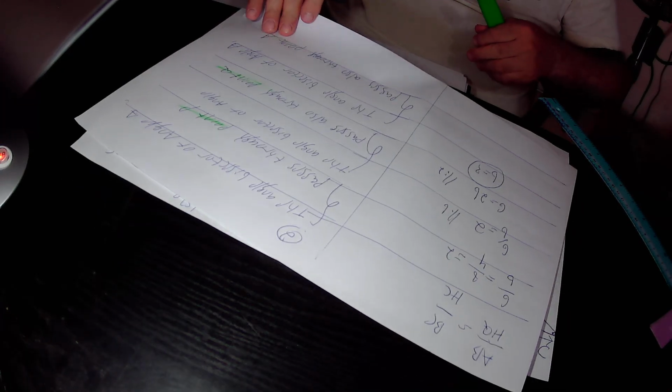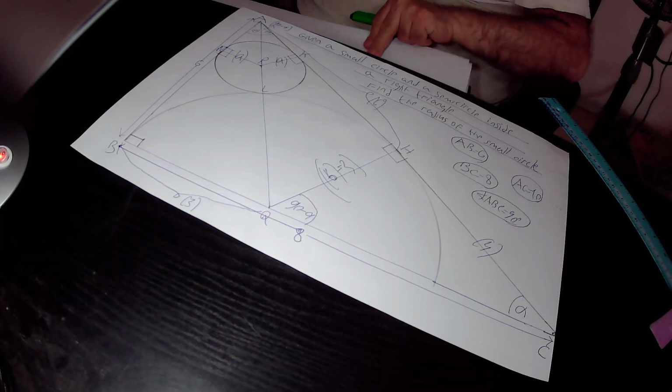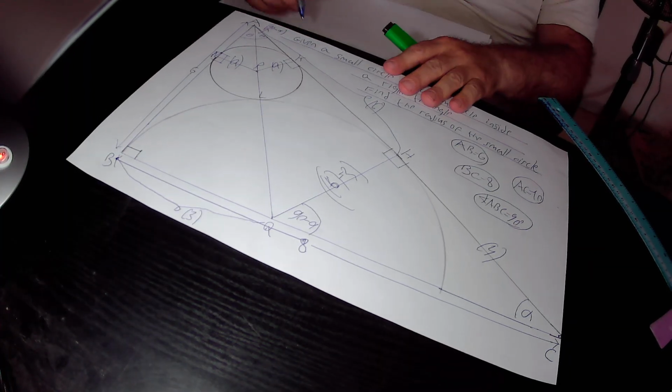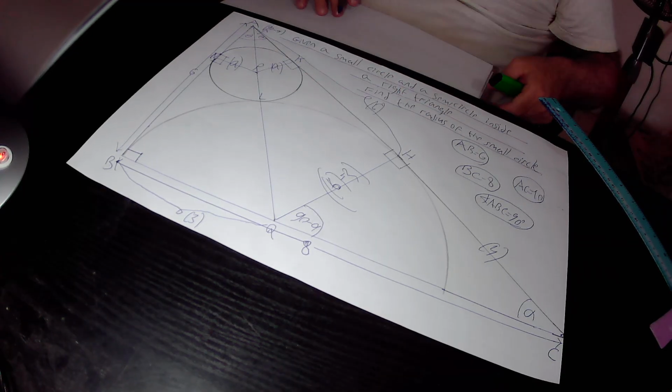In conclusion, we actually found out that the angle bisector of this angle A passes through points A, P, and Q. So I write it down.